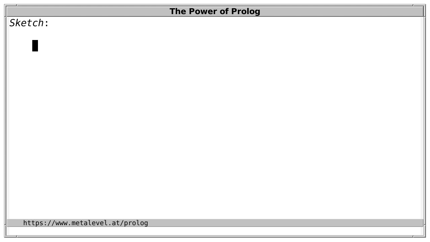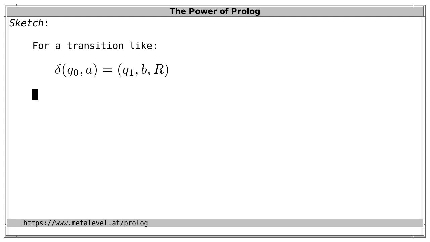First, we can represent tape contents in any direction as terms. And if we have a transition function delta, where, for example, a machine that is in state Q0 and encounters the symbol A goes to state Q1, writes B, and moves the tape head to the right, then we can express this transition as a sentence in predicate logic.